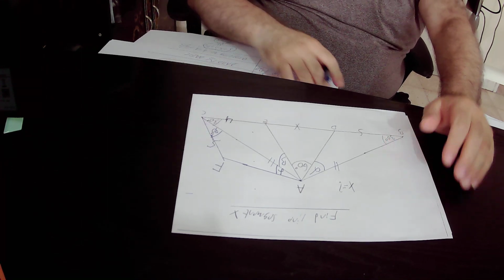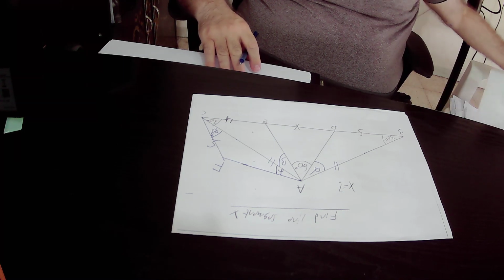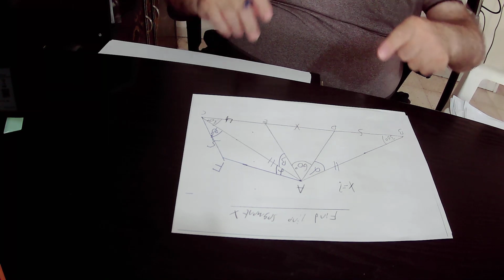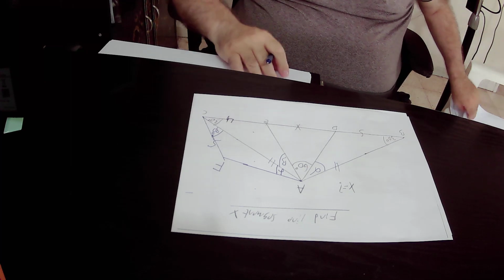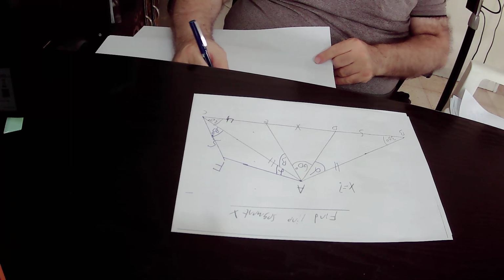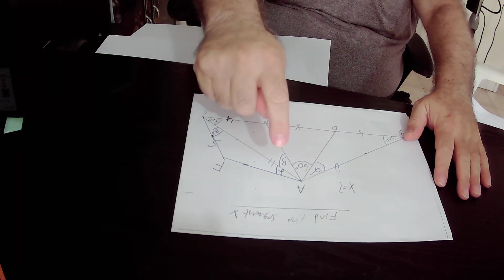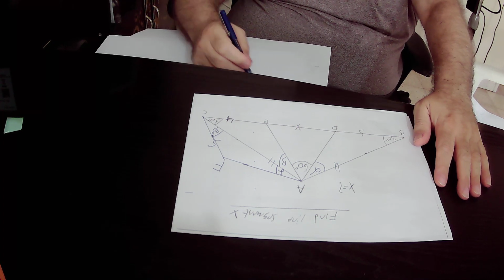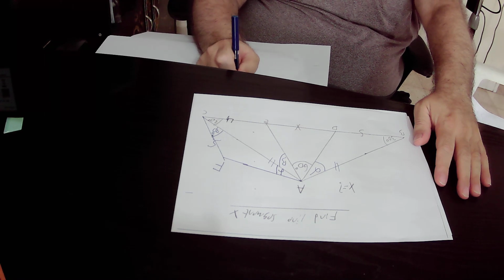And the second thing that we conclude from the fact that those two triangles are congruent is that side AD equals side AF.